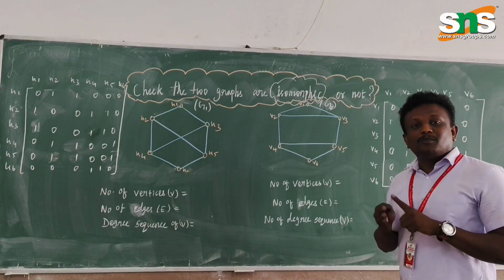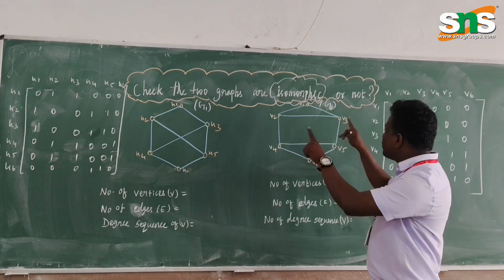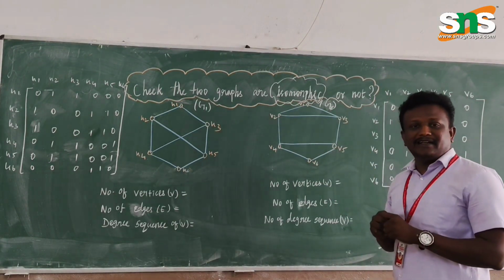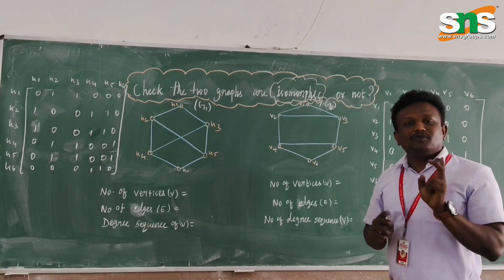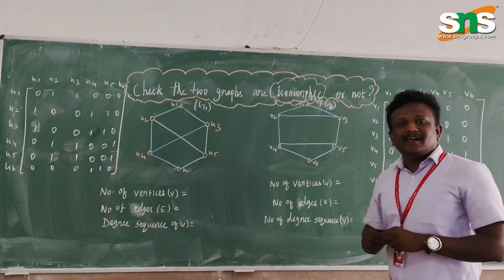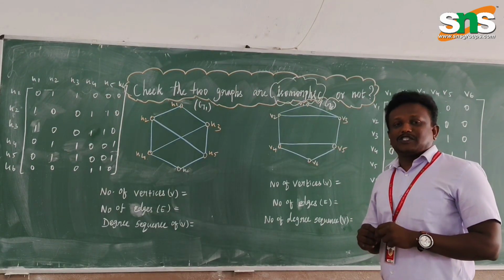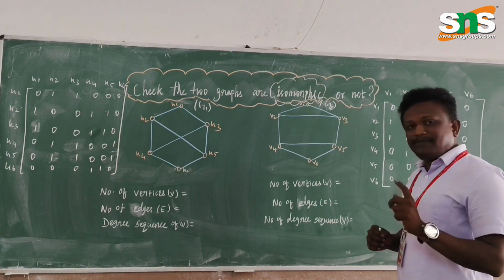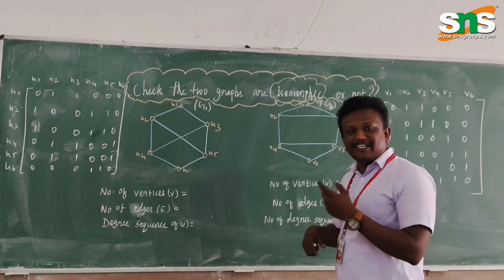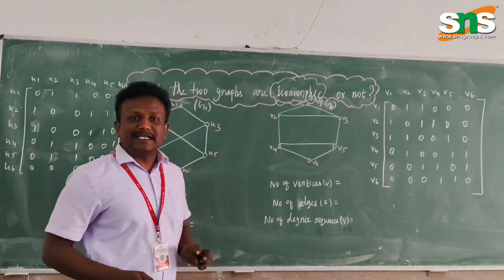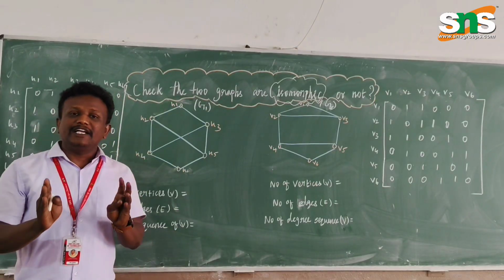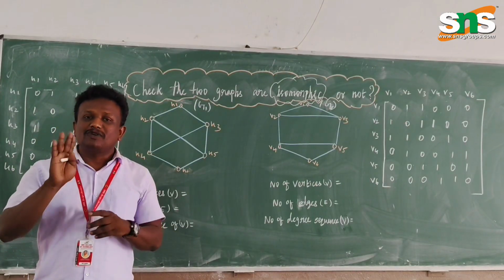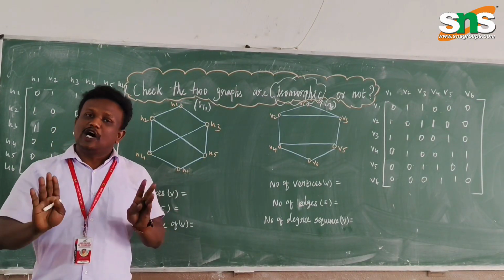Condition 3: both graphs should have the same degree sequence. Condition 4: both graphs should satisfy the adjacency concept. Now let me check whether these two graphs satisfy these four conditions. If any two graphs satisfy these four conditions, then they are called isomorphic.